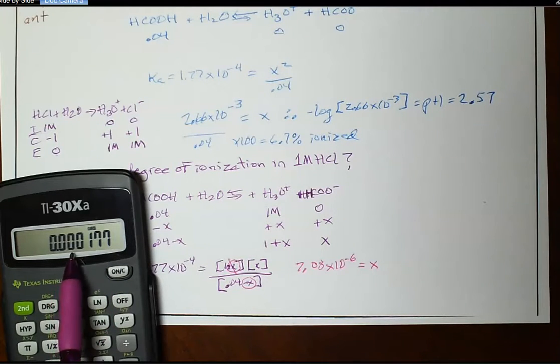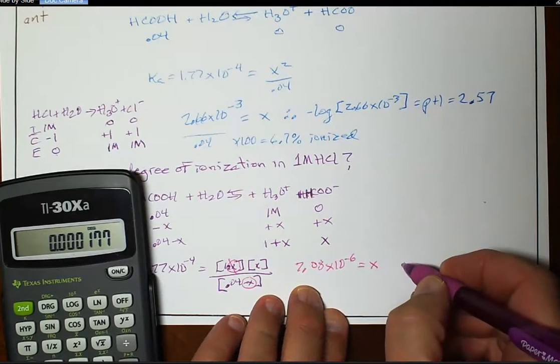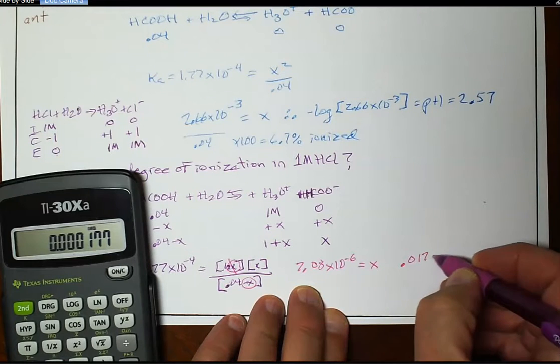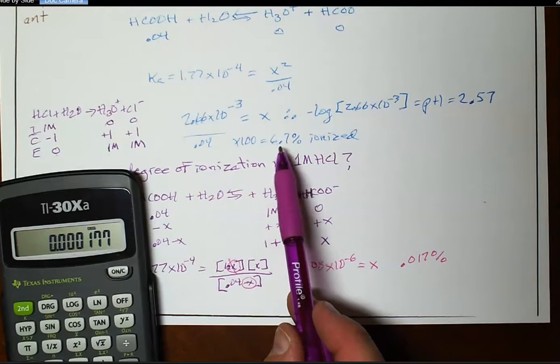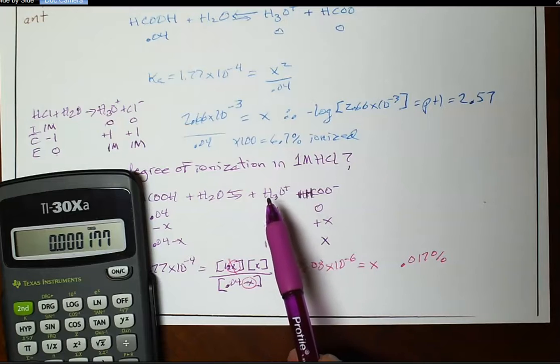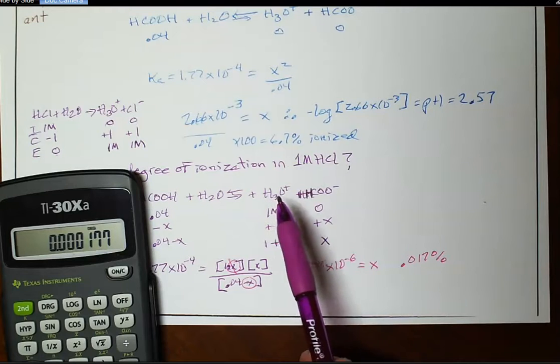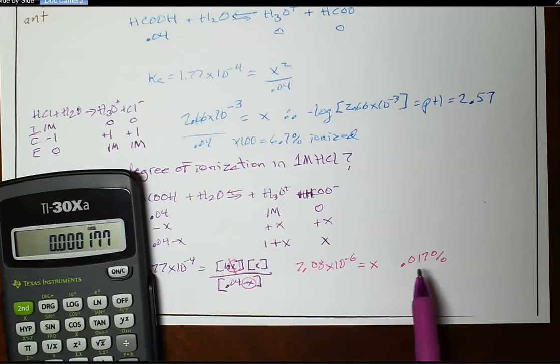In other words, 0.017%. 0.017% ionized. Ionized is much, much less. Up here, it ionized nearly 7%. But in the presence of a lot of hydronium, it only ionizes 0.017%.